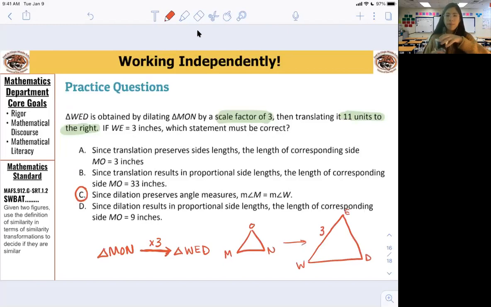What is the length of MO? Hmm? Good, it is 1. How did Perla get that? Perla, don't answer me. Somebody else tell me, how did Perla know that MO is 1?